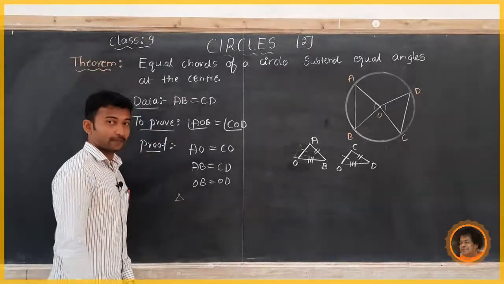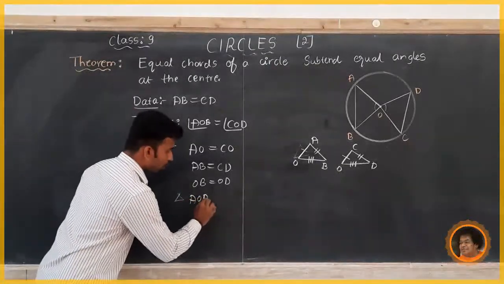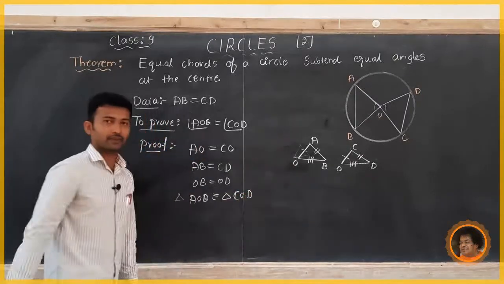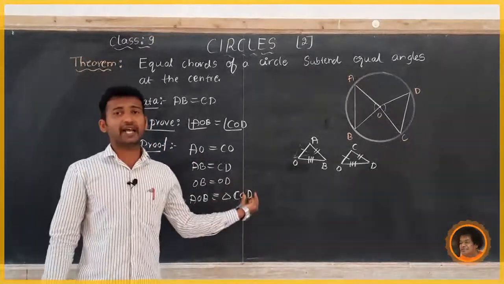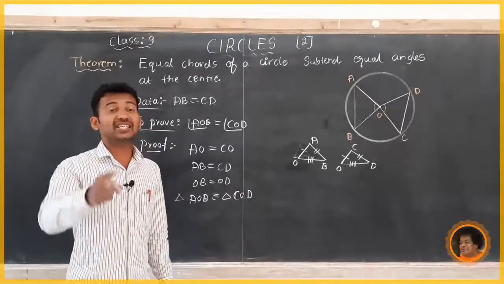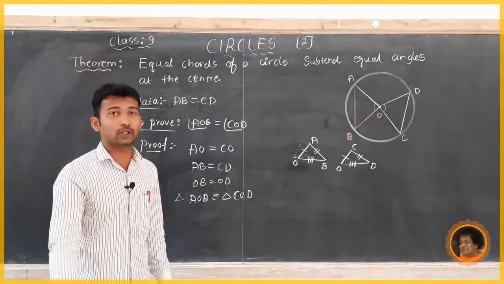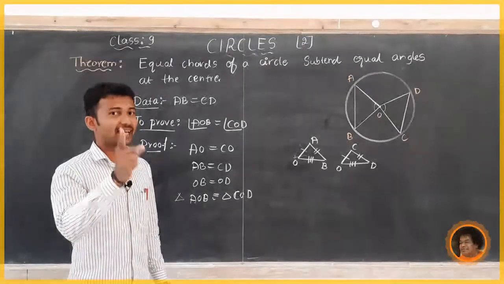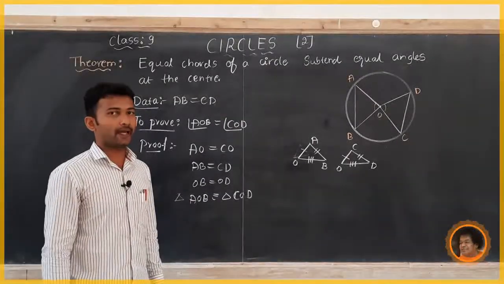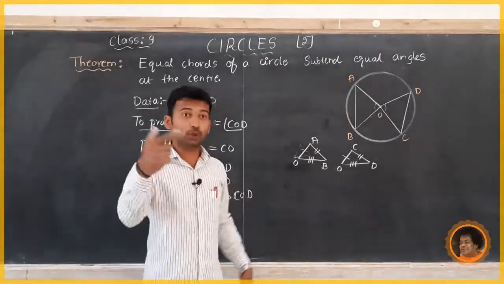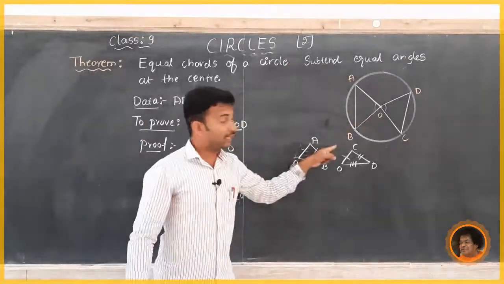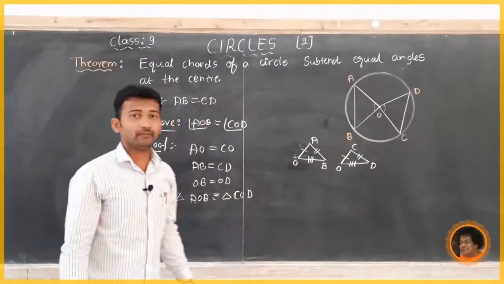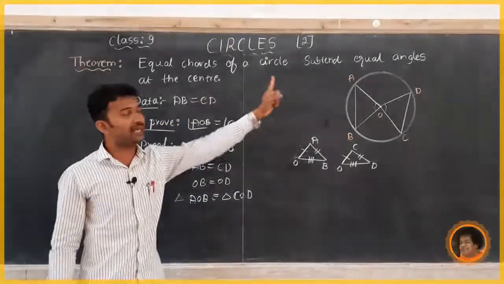So triangle AOB is congruent to triangle COD. If three sides of one triangle are equal to those of another, the angles are also equal. Now we only need to prove the relation between AOB and COD.